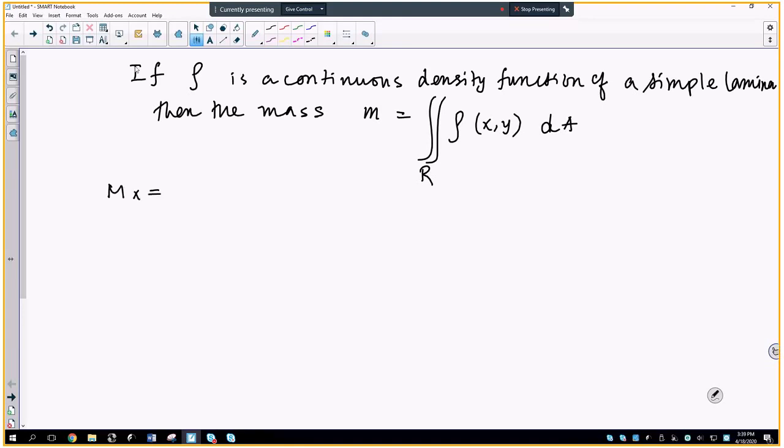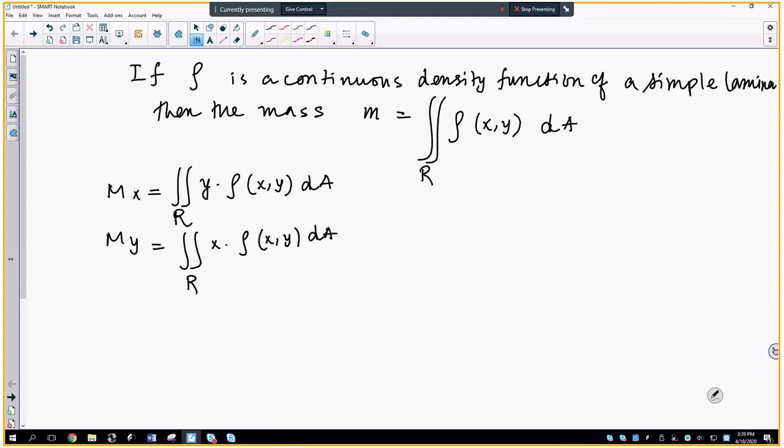We find a thing called mx, where the formula for finding mx is the same region, and you are doing a several variable integration of the function y times this continuous density function rho xy with respect to the area. And we find one other constant my, given by the same region of integration, but instead you integrate x times rho xy with respect to dA.